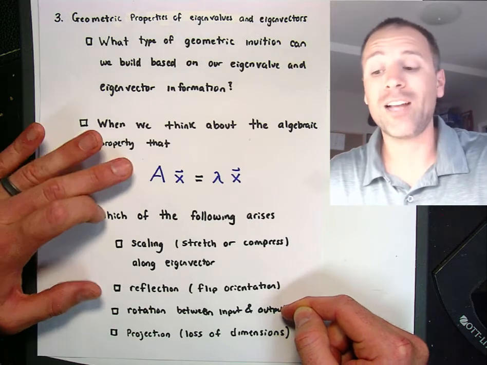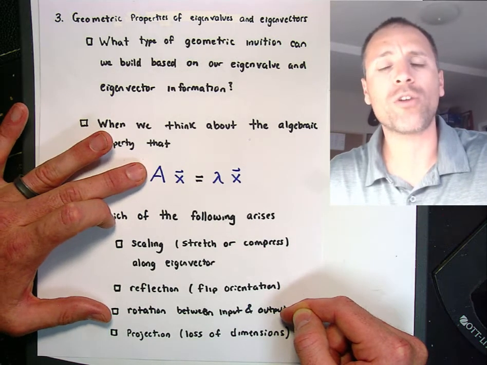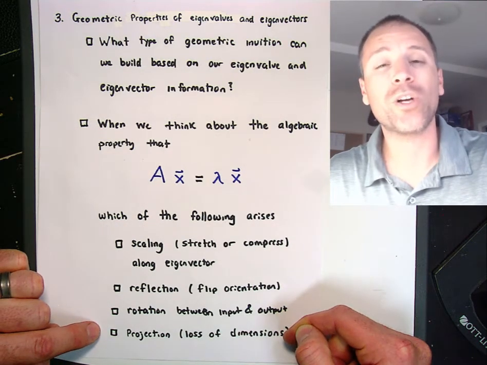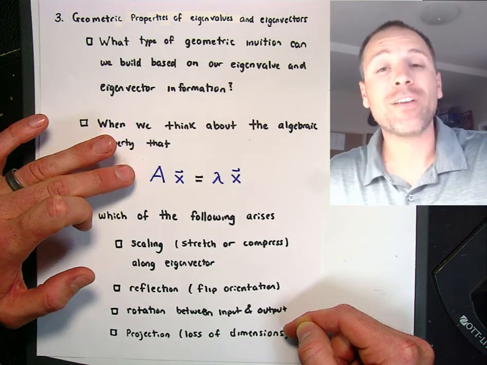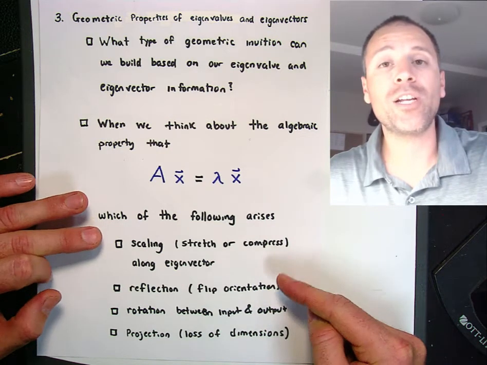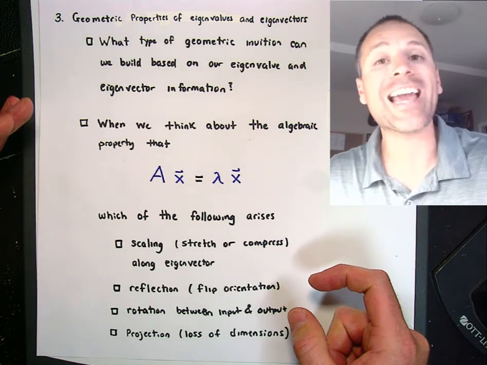One of the questions we might ask ourselves is, well, what is the eigenvalue behavior of rotational transformations? And then also we have this concept of projections, which is loss of information. Every time we look at a specific case study, we're going to figure out which of these different geometric interpretations are at play and how do those relate to matrix structures and algebraic structures.